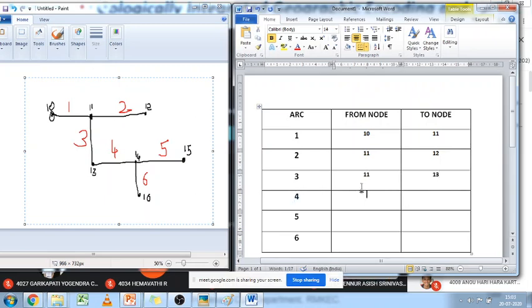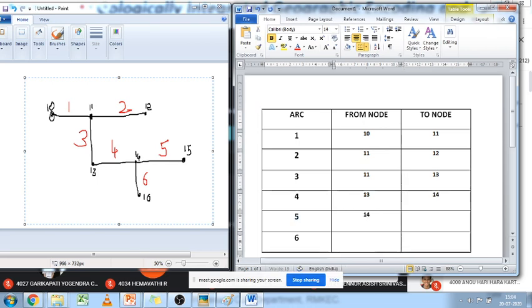Now, can anyone write the answers for arc number 6? What will be the from node and to node for arc number 6? Very good students. For 4 it will be 13 and 14.